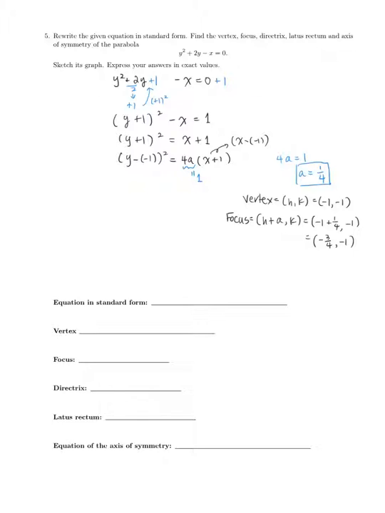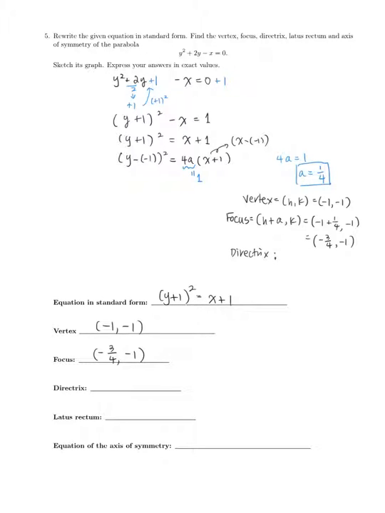So let me just start filling in the blanks here. You got the equation in standard form: y plus 1 squared equals x plus 1. Our vertex is going to be -1 comma -1, and our focus is -3/4 comma -1. Now let's go with the directrix.